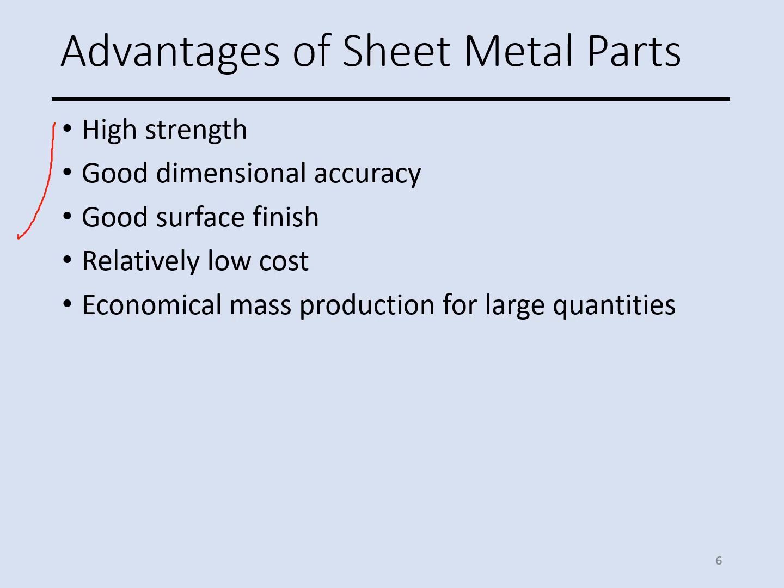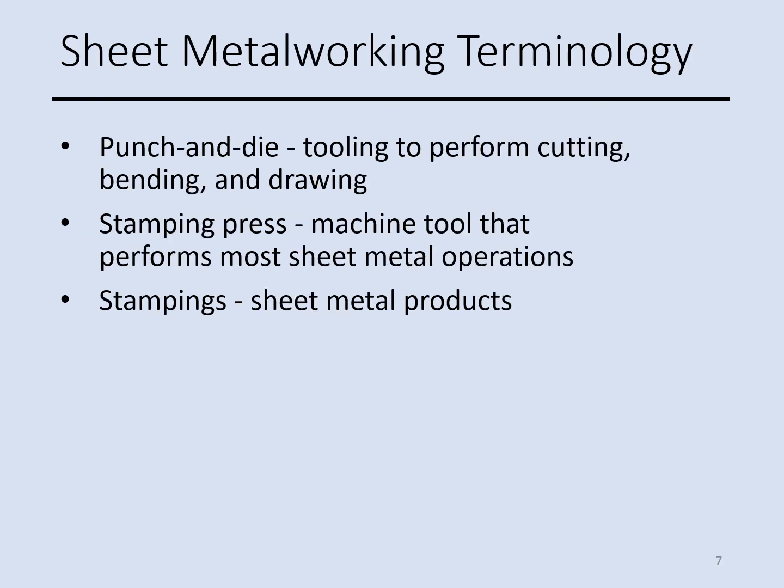These are the advantages of the sheet metal parts. High strength, for example, we have good dimensional accuracy, the surface finish is very good, we have relatively low cost, and it is designed for mass production of large quantities. Here we have the terminology for the sheet metal working.